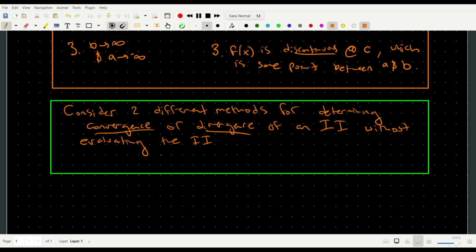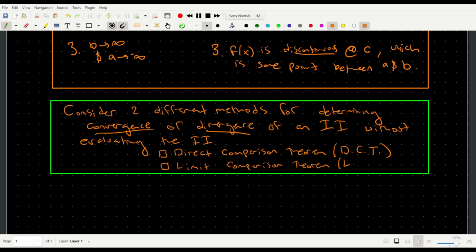These two methods are called the direct comparison theorem, or the DCT for short, and the limit comparison theorem, or LCT for short.